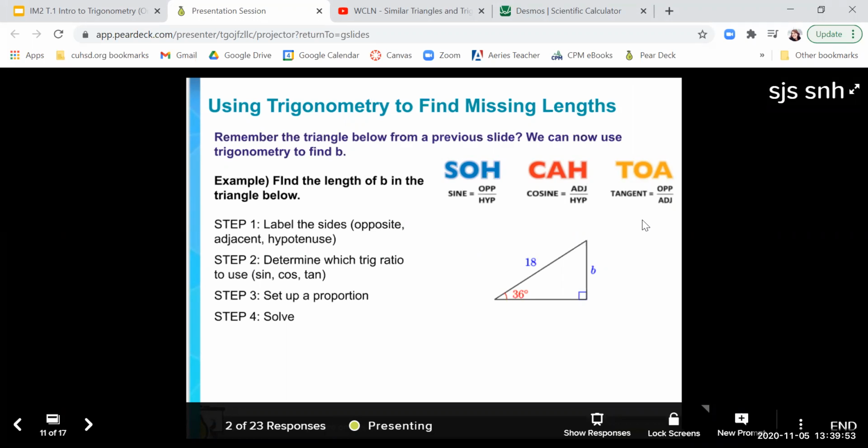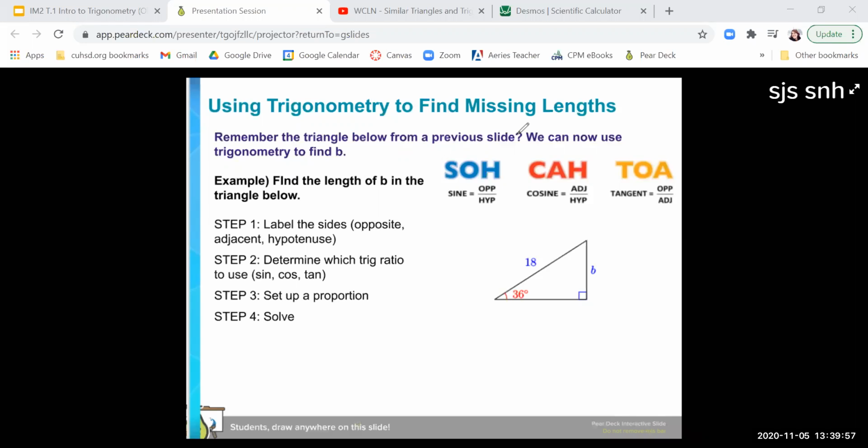So what I have here is a set of steps to go through. Step 1 says to label the sides opposite, adjacent, and hypotenuse. So first off, just to be clear, 36 degrees is our theta. That's our theta angle. So we do our opposite and our adjacent in relation to that angle.